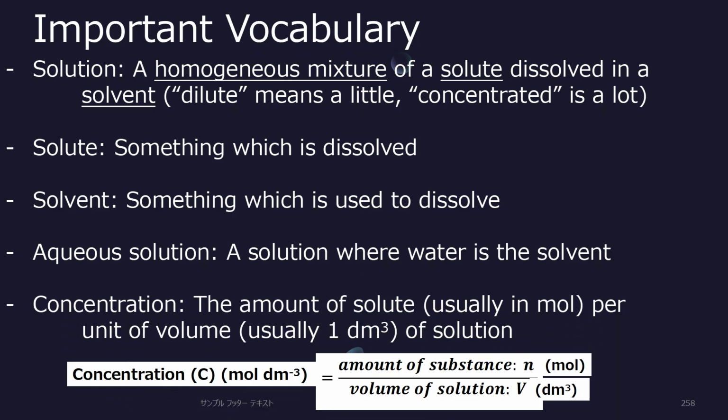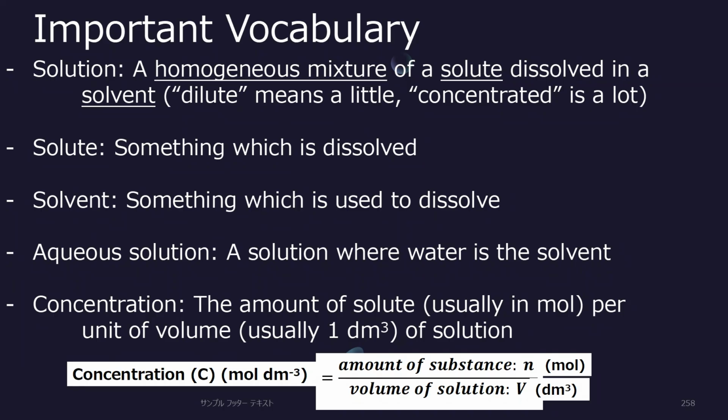Concentration then, very specific definition. The amount of solute usually in moles per unit of volume, usually decimeter cubed. And we've learned from my unit or dimensional analysis video that 1 liter is the same as 1 decimeter cubed, so this is mole per liter as well. The basic unit of concentration.